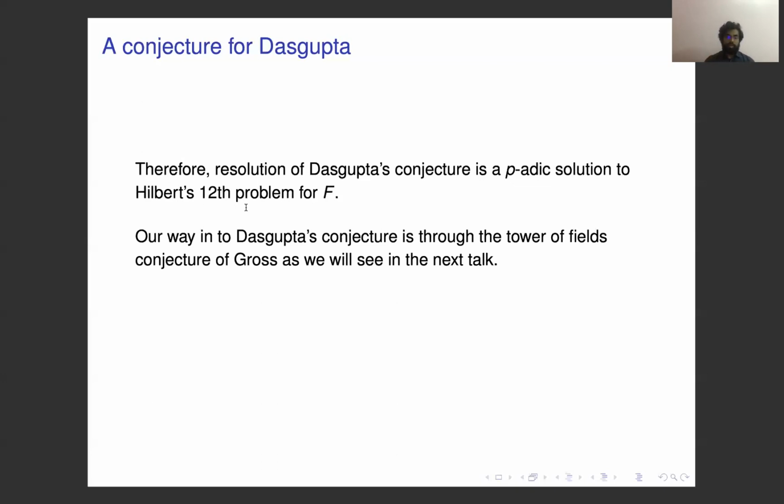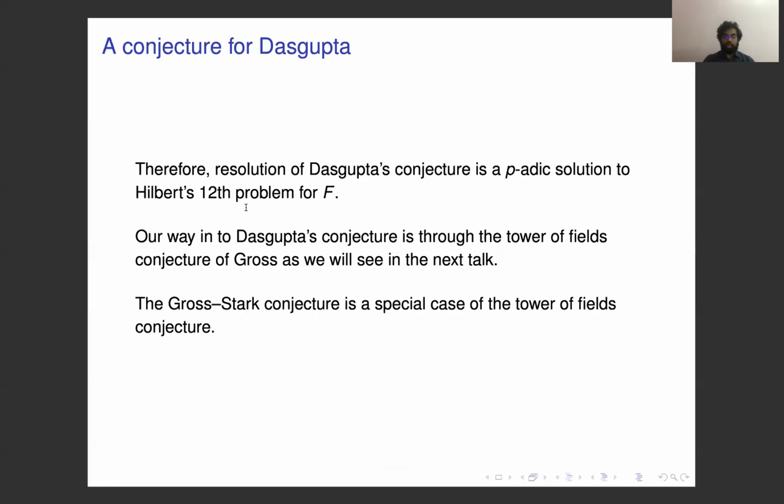So our way into these explicit formulas is through the Tower of Fields conjecture. And the Gross-Stark conjecture is a special case of the Tower of Fields conjecture.